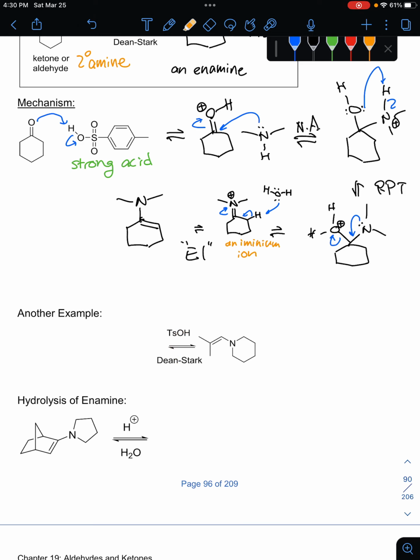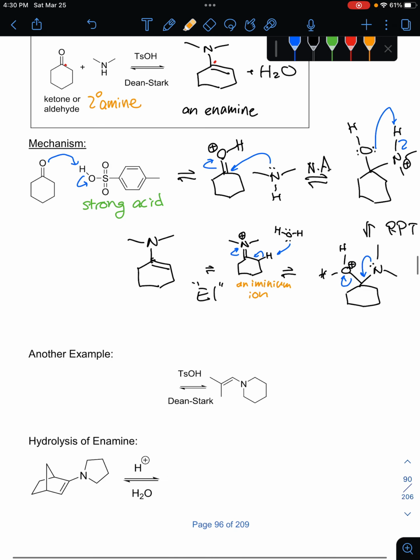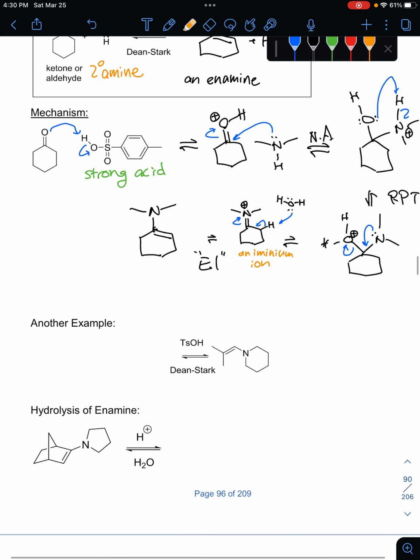This is a good example to think about because the earlier example started from a ketone, and here, hopefully you could tell, the starting material is an aldehyde. One way we know is that this carbon was the carbonyl carbon, and it has a hydrogen, so that makes it an aldehyde.